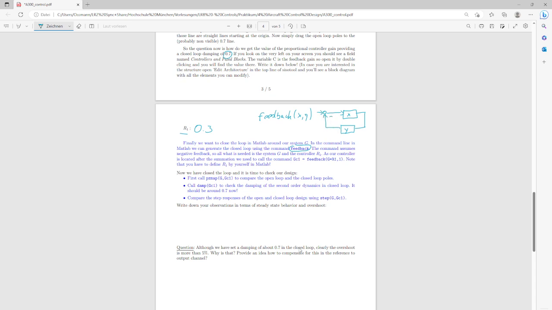So this is what the feedback command is doing, meaning that if we have our controller, remember we have it in the feed-forward part, this X here is R times G, so we need to put it in that way. There are sometimes strategies where you put your controller in the feedback path directly, and we are not going to do that. This is why we simply need a 1 here.